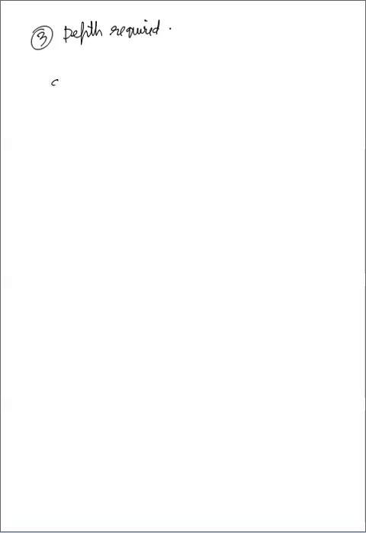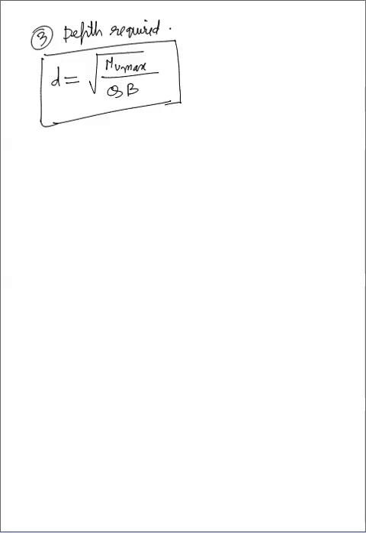Here remember one formula: d is equal to under root Mu max divided by Qb. This is a very important formula, so that generally we can directly find out the depth required.